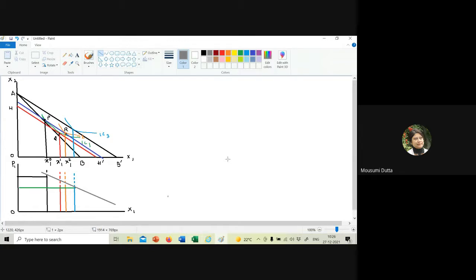It is the ordinary one. Next, we will consider two compensated demand curves. This is based on Hicks substitution effect. So it is the Hicks compensated demand curve.